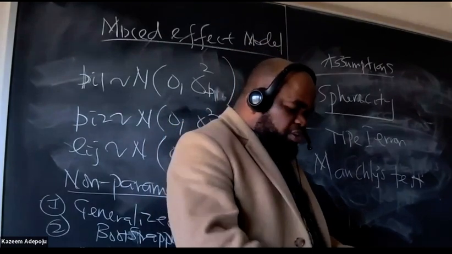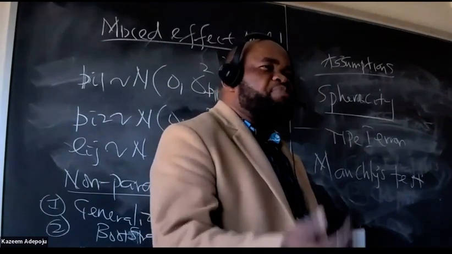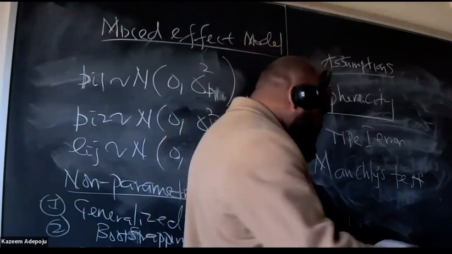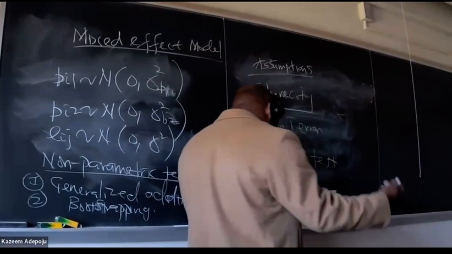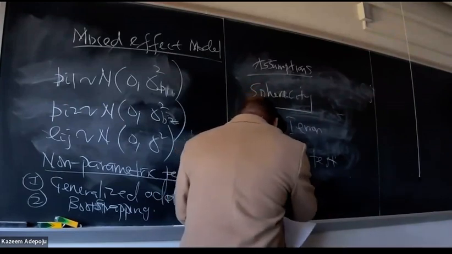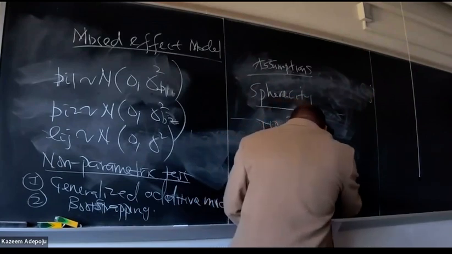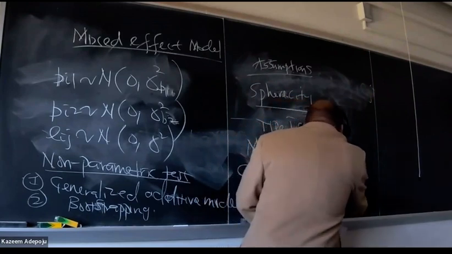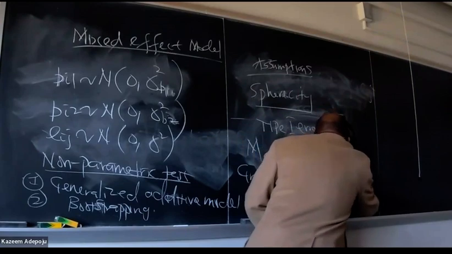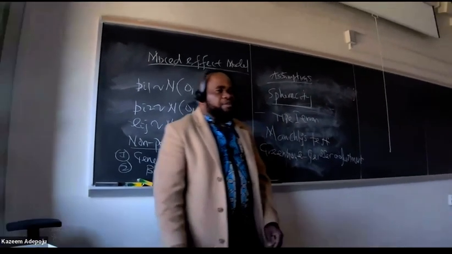So if it is not the same, what can we do? Then we have some corrective measures. We can decide to use what I call the Greenhouse-Geisser adjustment.